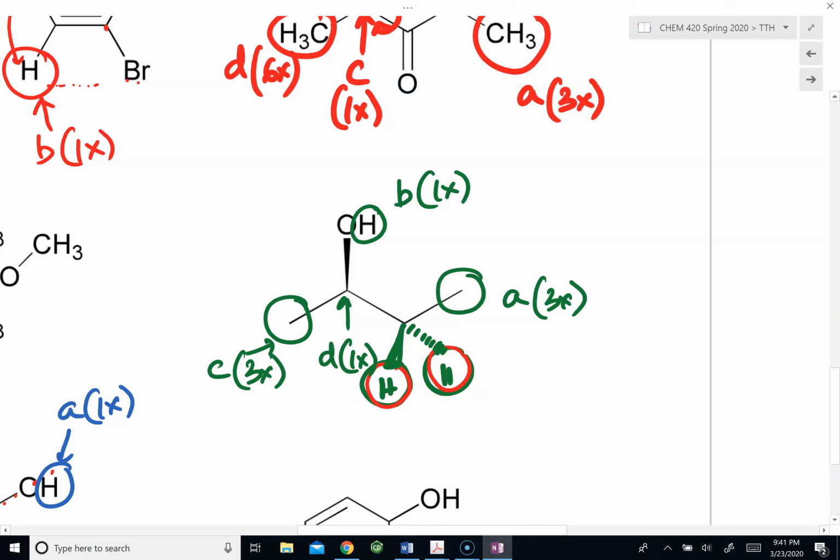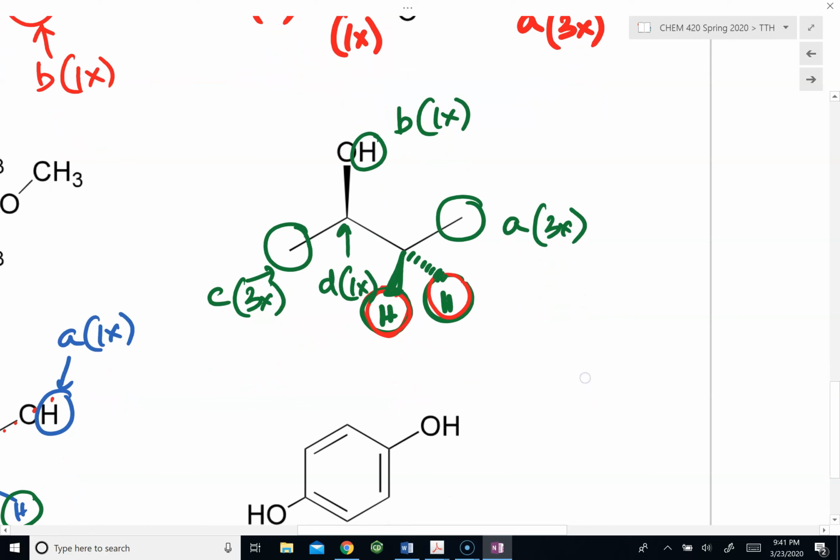And the reason why is as follows. One of these hydrogens is pointing on the same side as the hydroxy group because both of them are wedged. Versus the other hydrogen is dashed, so it's on a different side. So therefore, these two hydrogens right here would not be chemically equivalent because they are not at the same proximity to this hydroxy group over here.